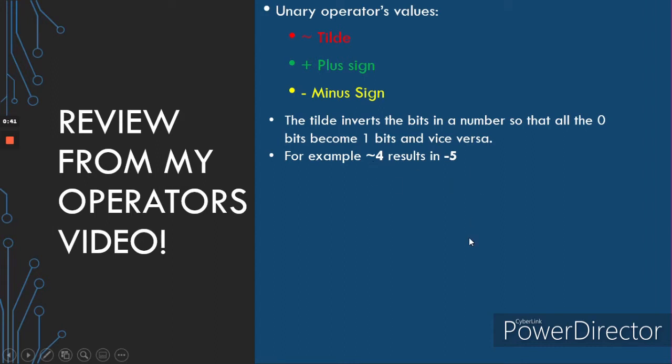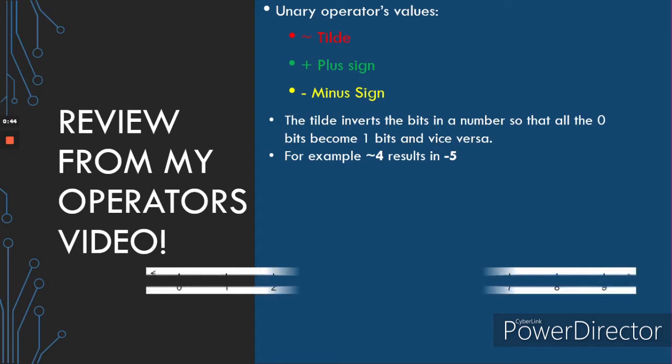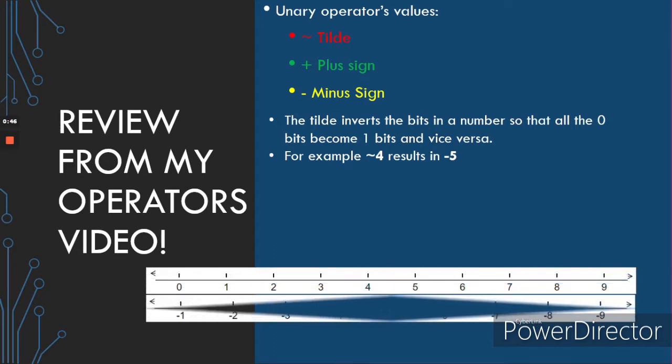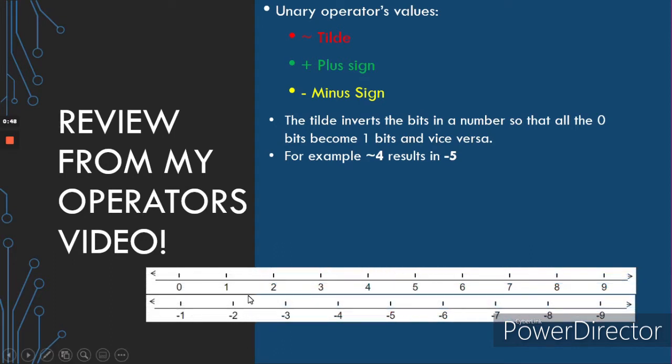Now to understand more, as you see here we have two number lines. In Python the positive numbers start from 0, because as you know, all numbers of two or more digits are composed of digits 0 through 9.